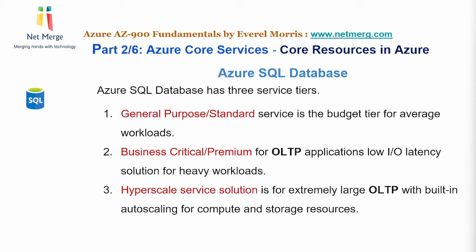Then you have the super duty Hyperscale service solution for extremely large OLTP with built-in auto scaling for compute and storage resources. So you get a tiered solution using the Azure SQL database.